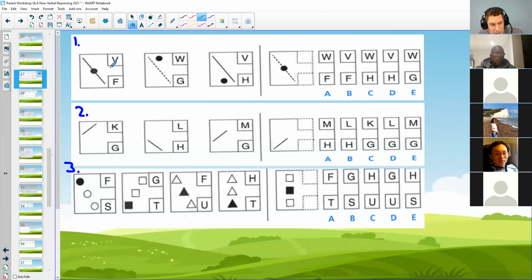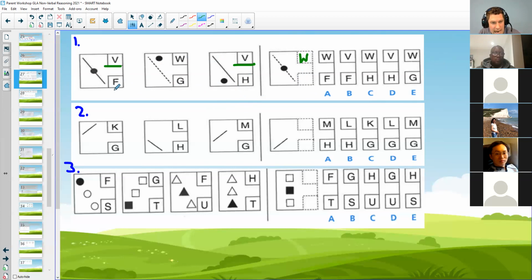So the first thing I would do on this number 1 is look at the 2 V's, and I'd say, well, why are they similar? We looked earlier at line style. You might remember we talked about different styles of line. This is a bold line, whereas W is a dash line. So I need a W because I know that I've got a dash line there.